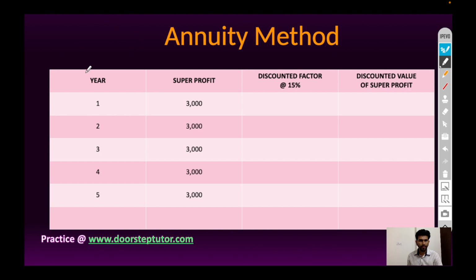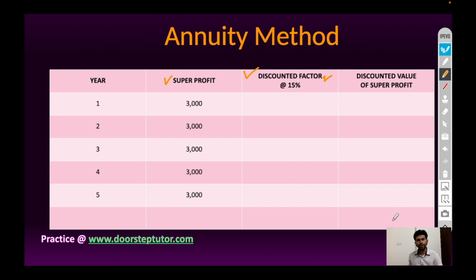For example, number of years are given 1, 2, 3, 4, 5. Super profits are given 3000 for each year. Discounted factor at the rate 15% is given. So we have to multiply super profit with discounting factor to get discounted value of super profit.